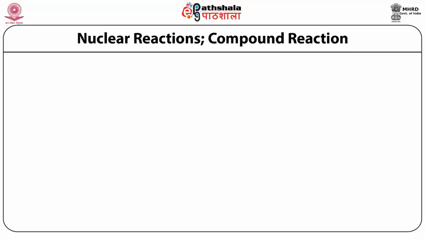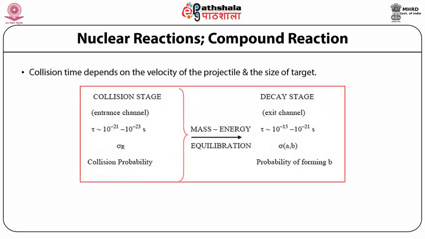Nuclear reactions, compound reactions. In this slide, the time scale of compound nuclear reactions is shown. The collision time depends on the velocity of the projectile and the size of the target. How does it depend?